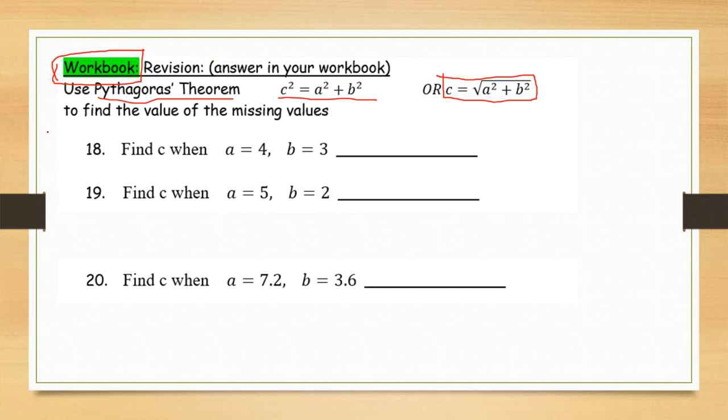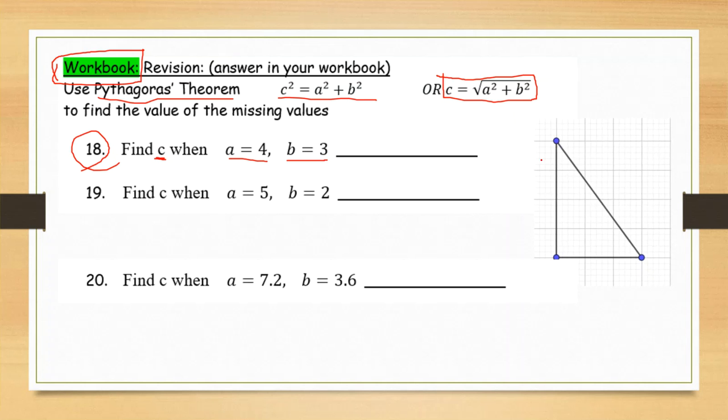So for question 18, find C, so the hypotenuse, when a equals 4 and b equals 3. So remember Pythagoras' theorem, the hypotenuse, C, is opposite the right angle. A and b are the other two values.